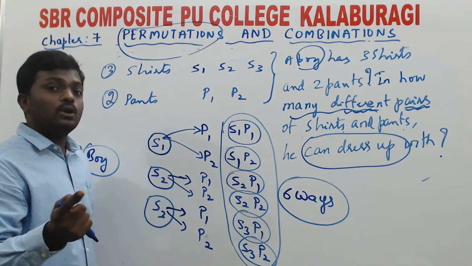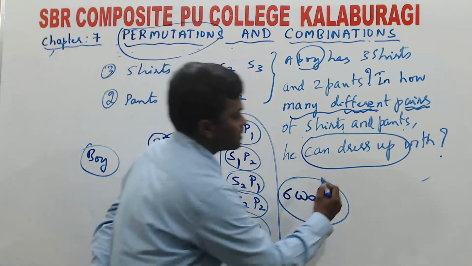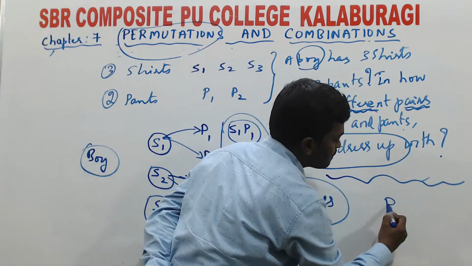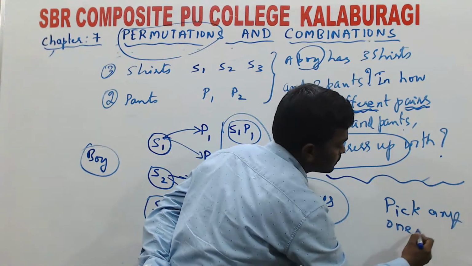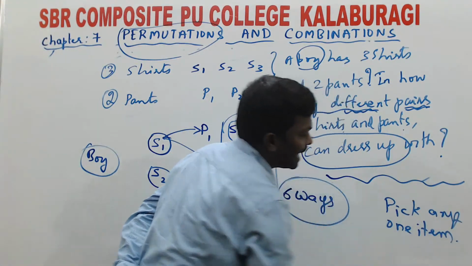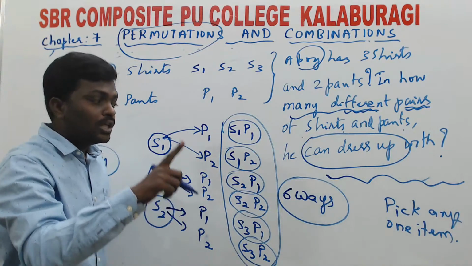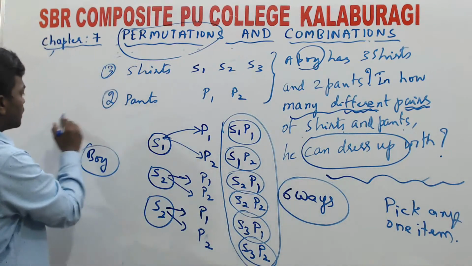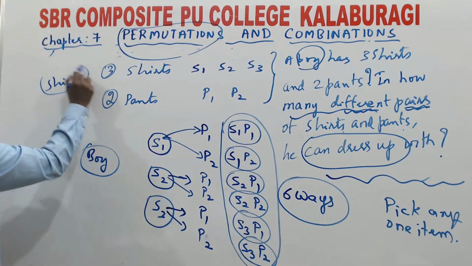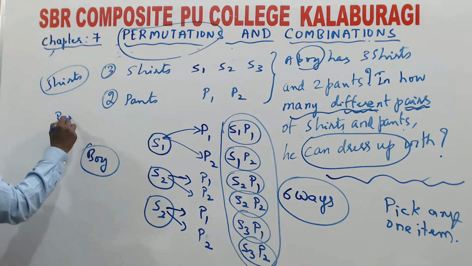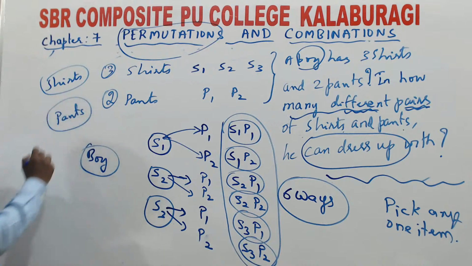And what was the question of the previous addition principle? Pick any one item. So the boy could pick either from the shirt or from the pant.